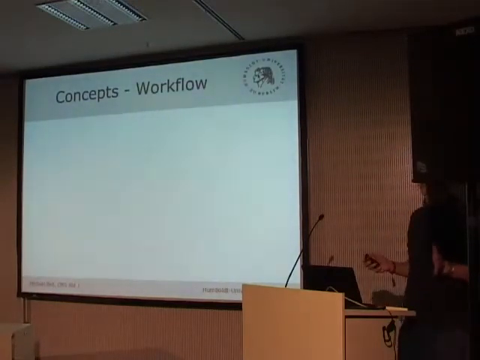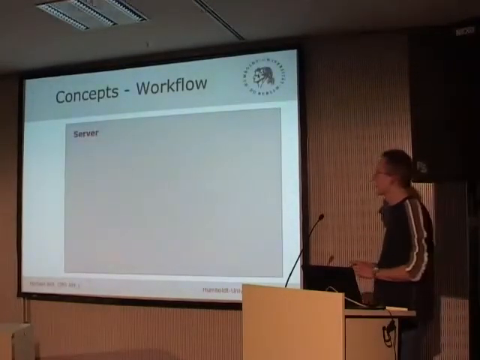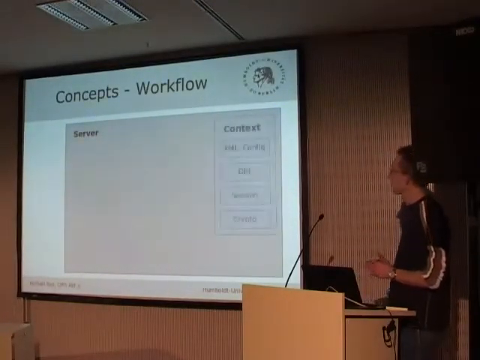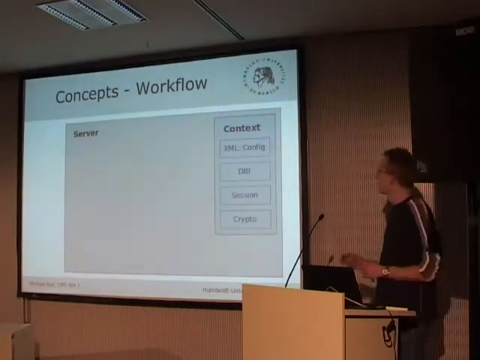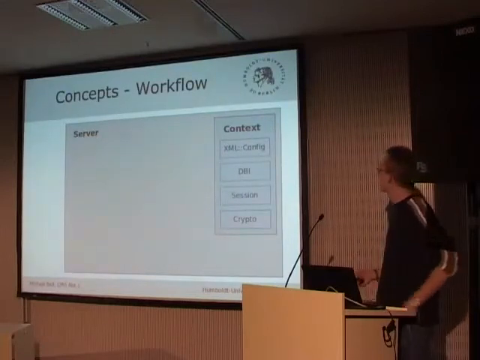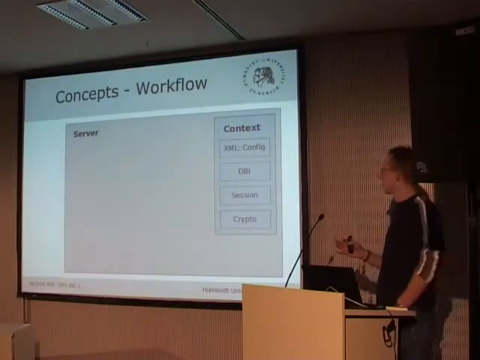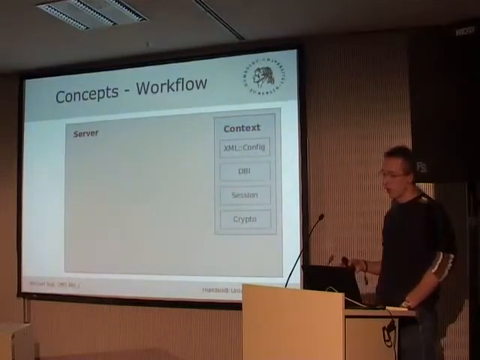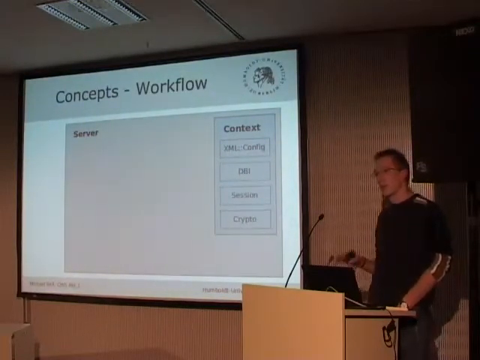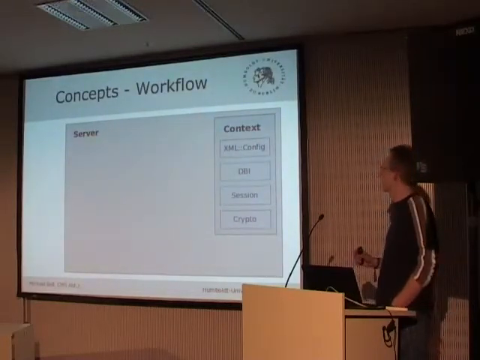So what can we do? Like all big systems which are developed today, we have a server. This is no surprise. Like most other servers, we have a context. In this context, we have the XML configuration. This is the part which works with the inheritance. We have DBI. Perhaps you have to notice that we use Perl in the complete software stack. We have some low-level stuff which is implemented in C, but most of it is implemented in Perl.